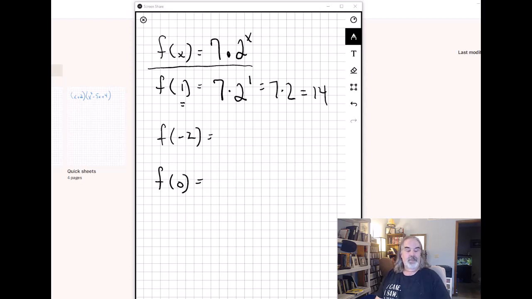Now f of negative 2, well, here's your negative 2, that's your x value. Go into your function, go find that x, which is up in the exponent, and plop in negative 2. Now here you have to stop and process what that 2 to the negative 2 is. Remember, a negative exponent means invert. So this will actually be 1 over 2 squared, and that's 4. So this result is 7/4.